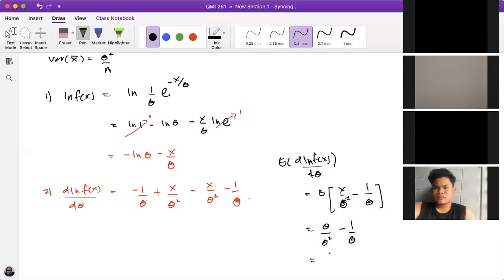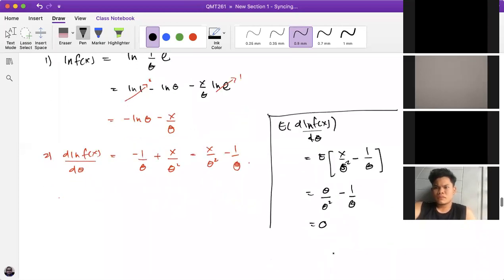What is this equal to? This is just for checking whether you use theorem number 1 or theorem number 2. What is the value here? Theta divided by theta squared minus 1 over theta is equal to 0.